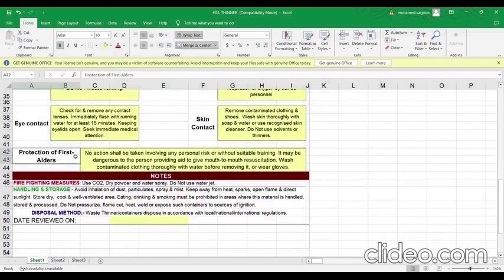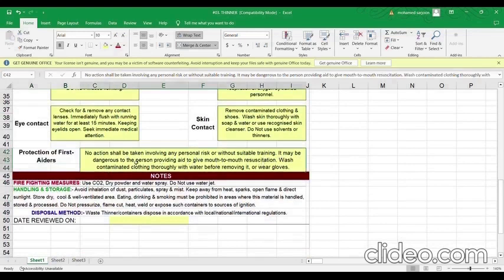Protection of first aiders: no action shall be taken involving any personal risk or without suitable training. If the first aider is not trained well, they should not take the risk. It may be dangerous for the person providing aid to give mouth to mouth.